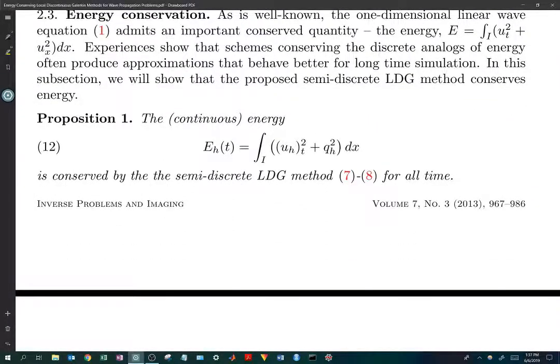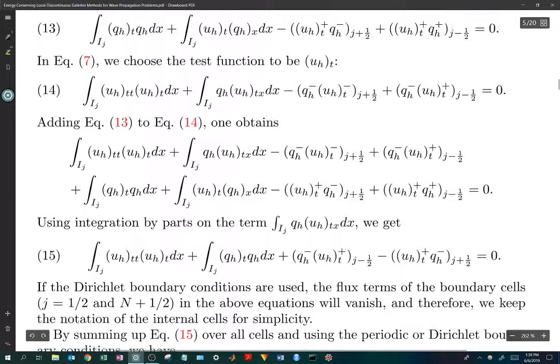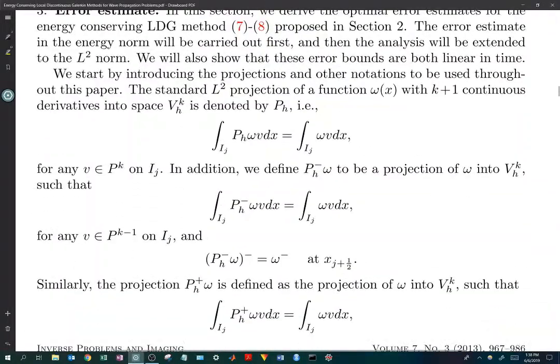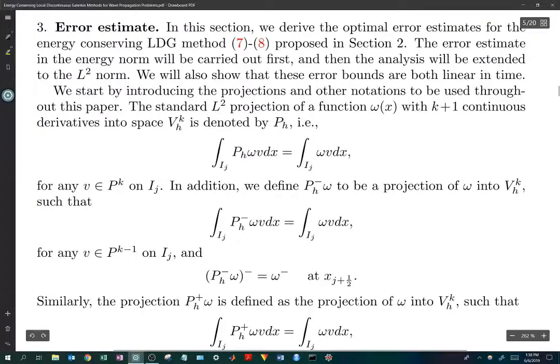One of the really nice things about finite element methods is that because they're built using things like integration by parts, you can typically just do a bunch of integration by parts and a bunch of analysis and prove things about them. So you can prove things like this term is conserved. And you just sort of work it out a little bit. I'm not going to go through a lot of these proofs because it's not really necessary for our purposes.